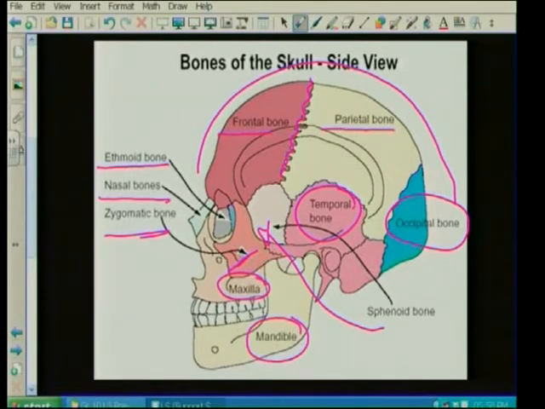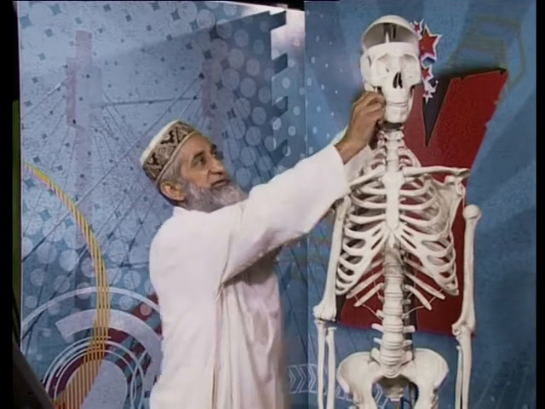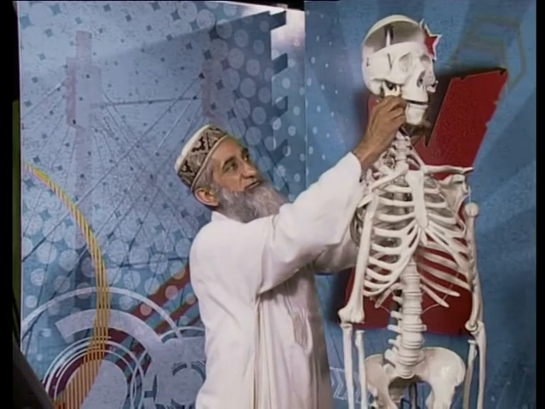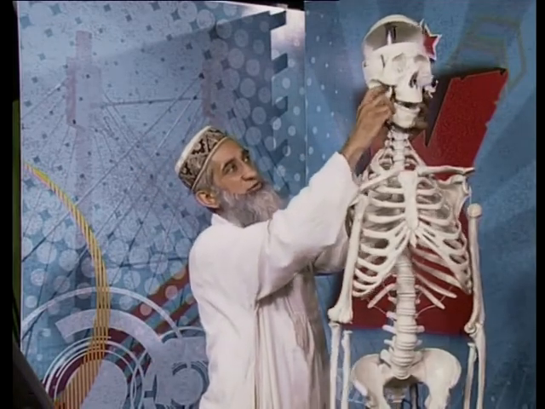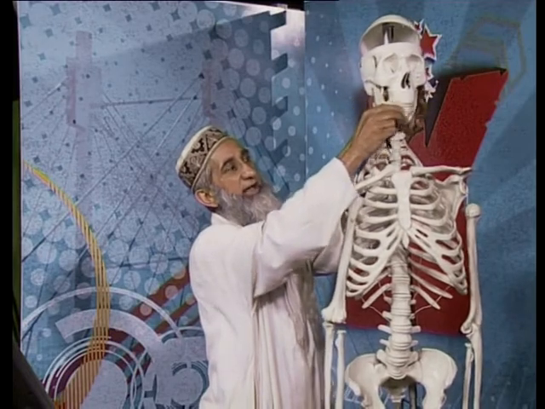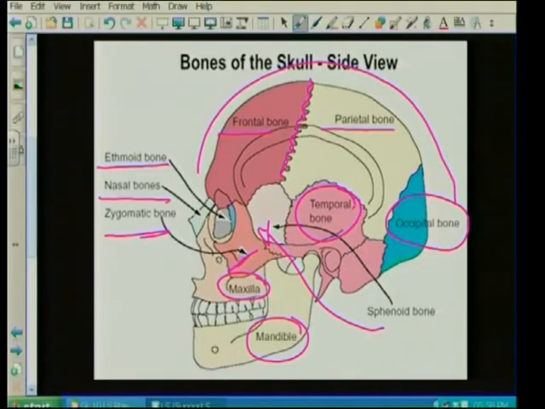So the mandible is the one that has the ability to move because it fits into the upper part of the skull by condyles. There's a little groove there that it fits into, and it can do that. If somebody hits you hard enough, you are liable to dislocate your jaw, even if it moves out of that socket. So those are the bones of the skull.